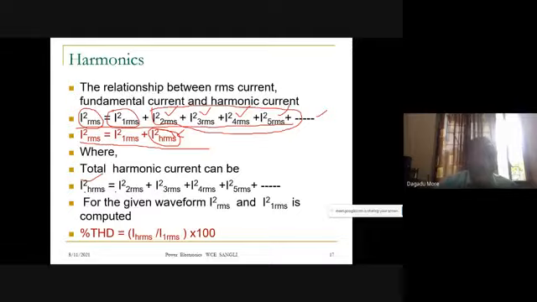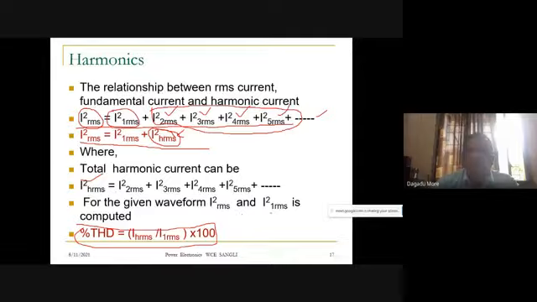So IH RMS squared, the RMS value of the harmonic current squared, is the summation of the second harmonic current squared, third harmonic current squared, fourth harmonic, fifth harmonic, and so on. Now we want to find out the THD, the total harmonic distortion.